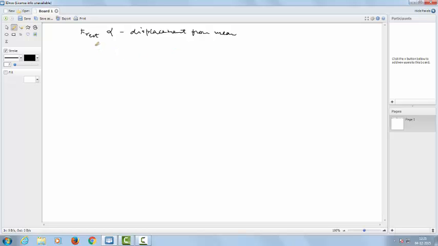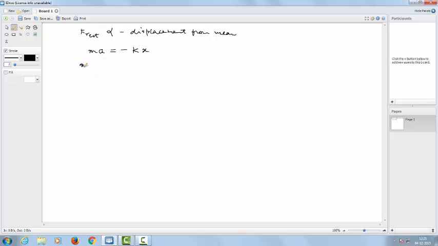Now if I write force is equal to mass into acceleration, and we replace the proportionality sign by equality, then we ought to have a constant of proportionality: force equals minus k times x, where x is the displacement from the mean.